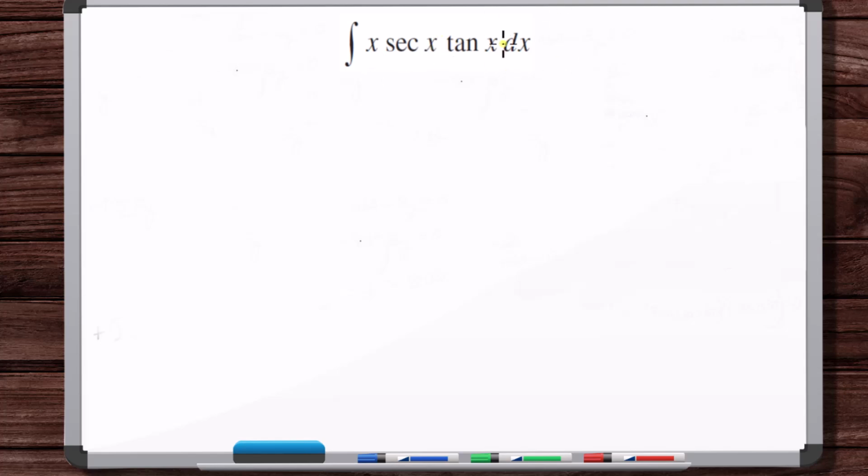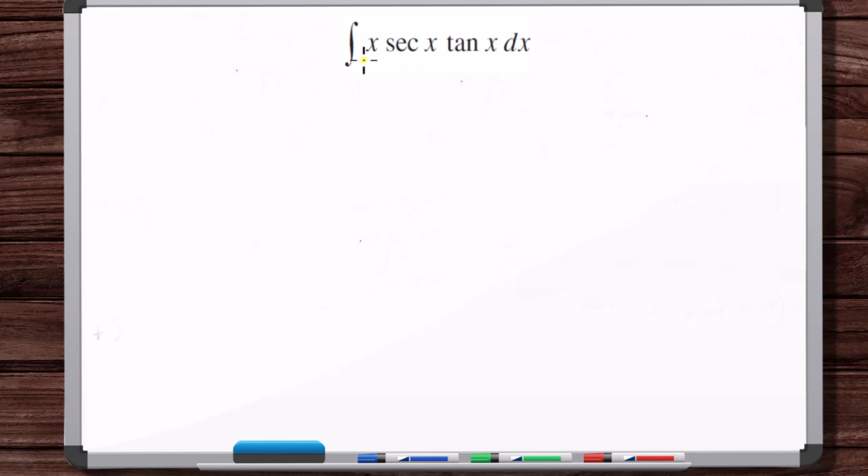The principles in the sense that we know that the derivative of secant x is secant x tangent x, but we can't separate secant x tangent x out. So in that case, let's think about, is there a trig identity that we can condense this secant x tangent x down into something else?